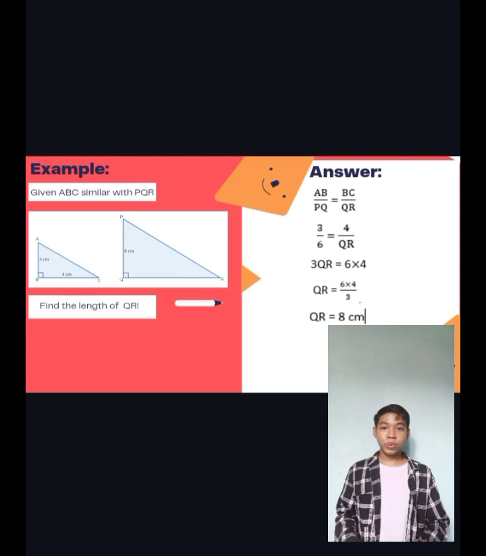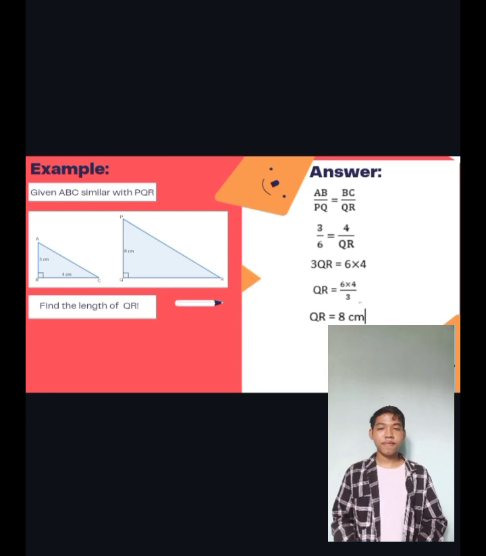Okay, first question. Given ABC similar with PQR, like in the picture, find the length of QR. Because we already know that triangles ABC and PQR are similar, we do not need to prove their similarity again. The first step is to identify the side lengths that have the same proportion.